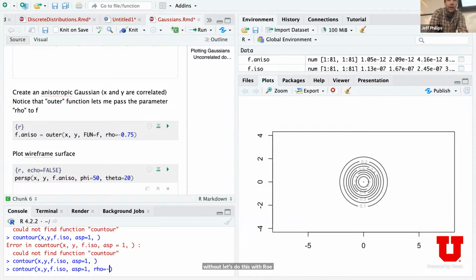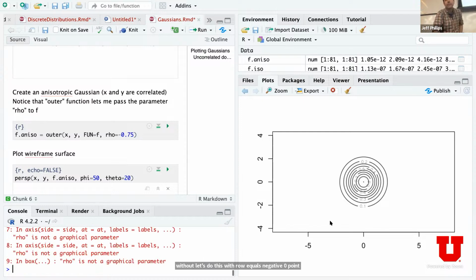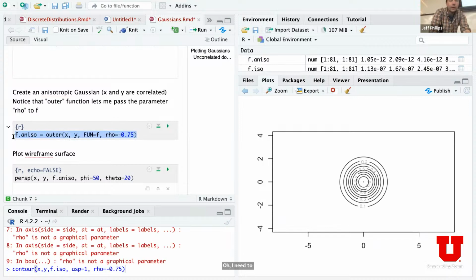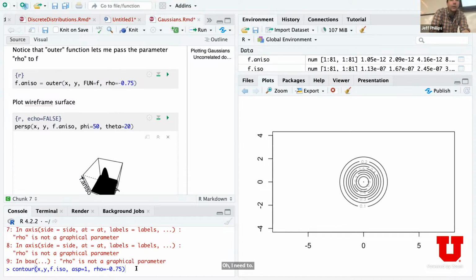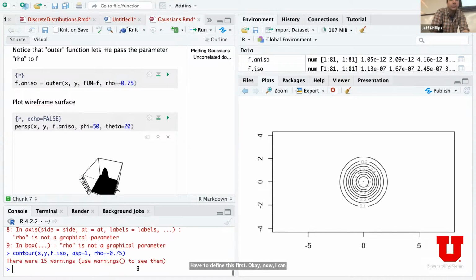rho equals negative 0.75. I have to define this first. Okay, now I should be able to do this.